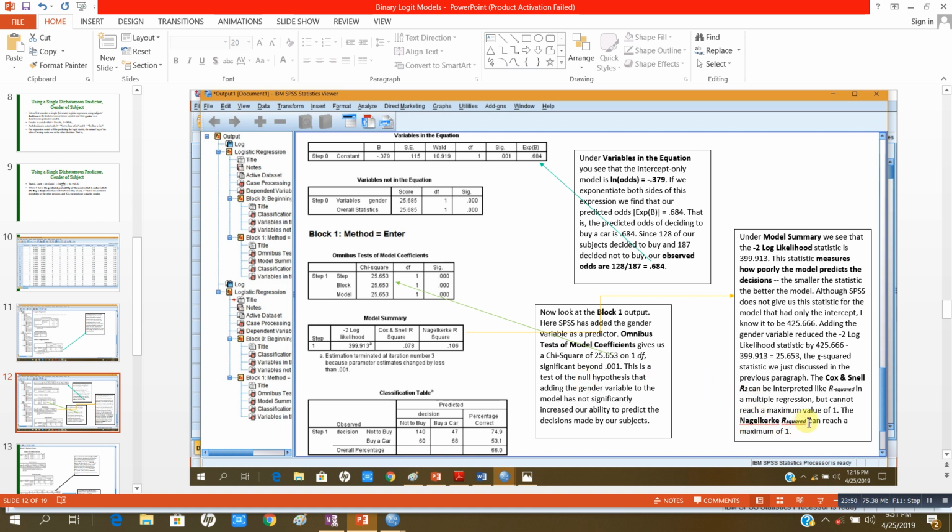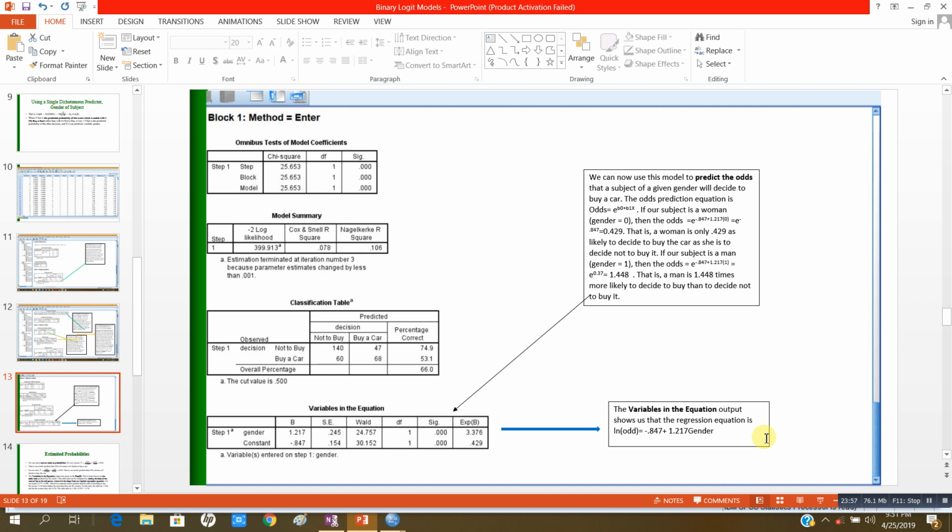Here is the final model. We just discussed this. This is the classification table. Here are the predicted decisions, and here are the observed decisions not to buy a car and to buy a car, and these are the predicted not to buy and buy a car, and these are the various values.